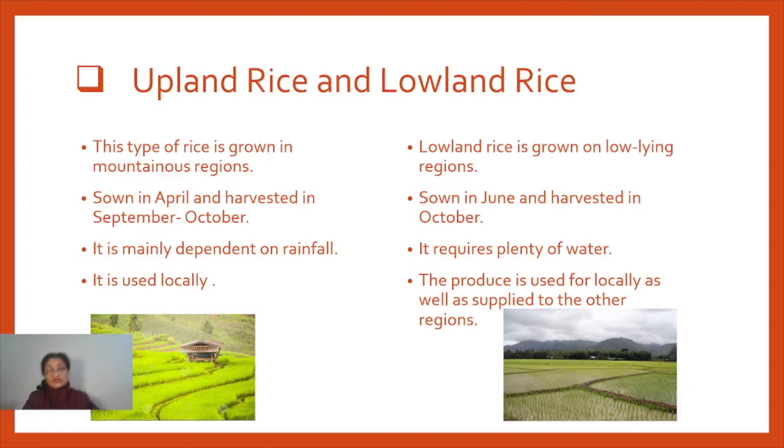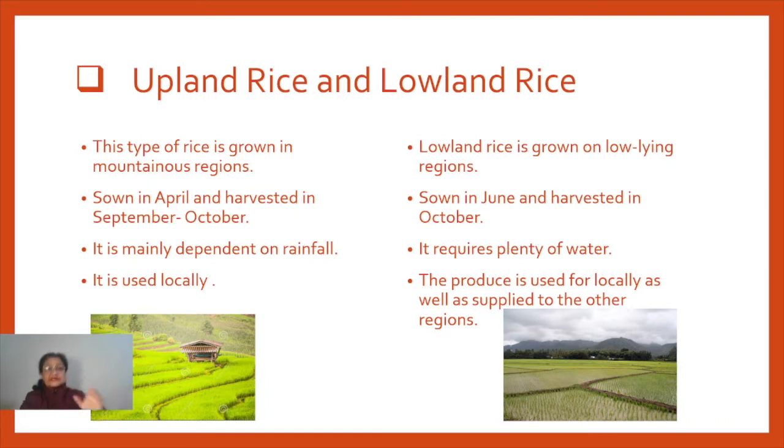But on the other side, you will find lowland rice is grown on the low-lying areas, or you can say the plains. Then the second point is regarding upland rice. These are sown in the month of April almost, and harvested during September or the beginning of October.